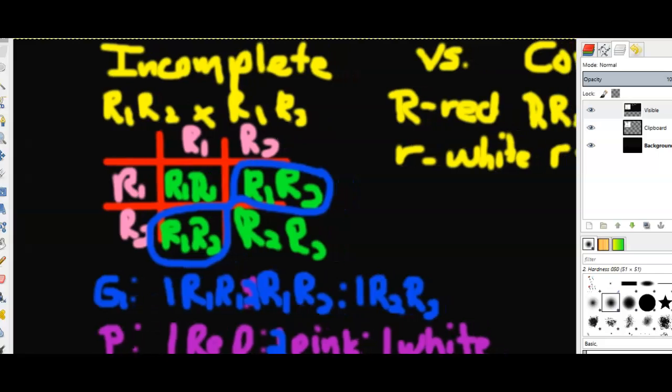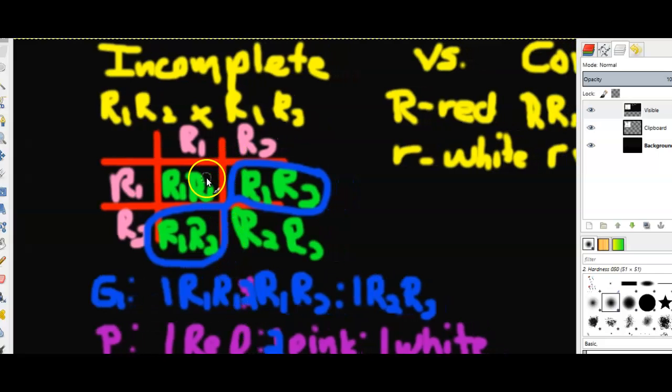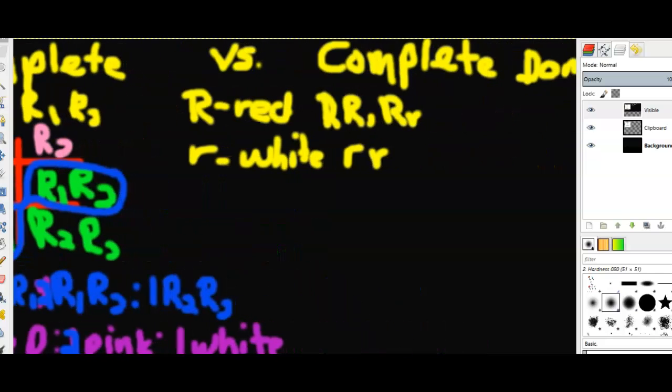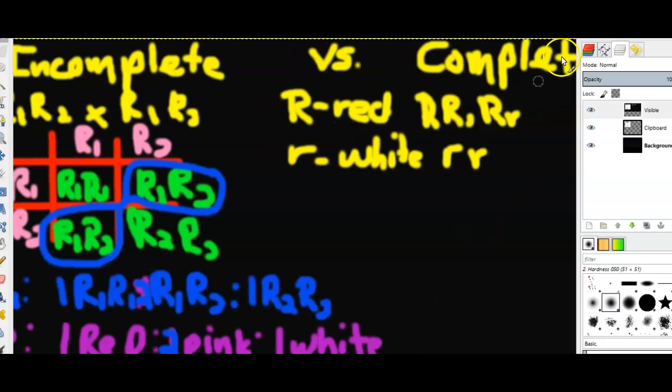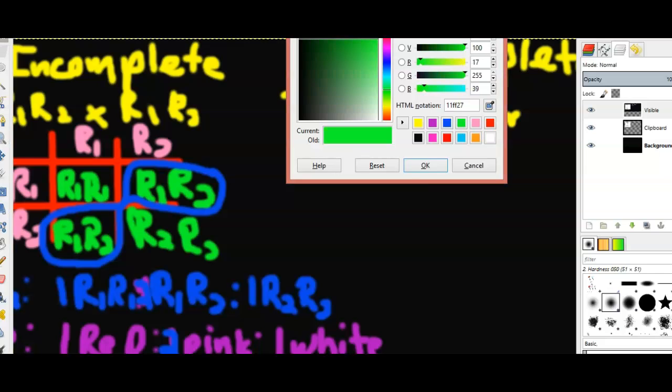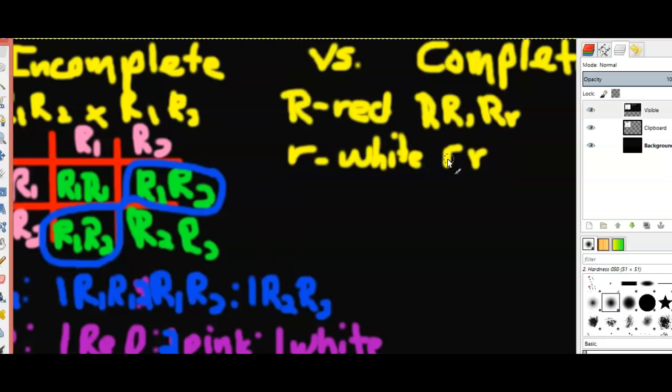but we had red, pink, and white. So incomplete, we had 3 different phenotypes. Here we only have 2. And here we have 2 ways.